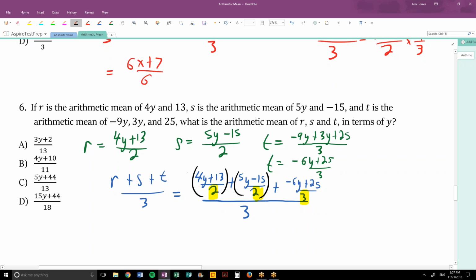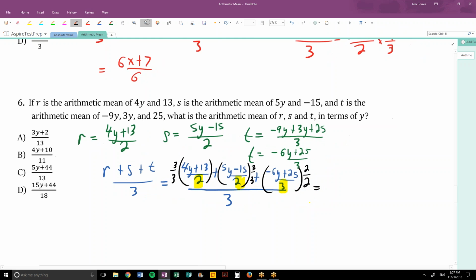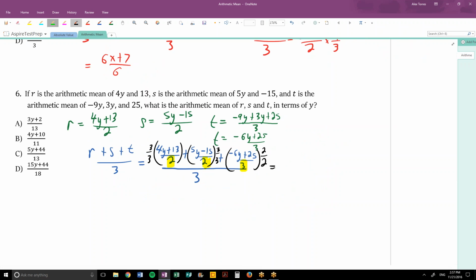So this one we can multiply by 3 over 3, the next one also by 3 over 3, and the next one by 2 over 2. So we have a little bit of work to do here. Distributing this green area, we have 12y plus 39.